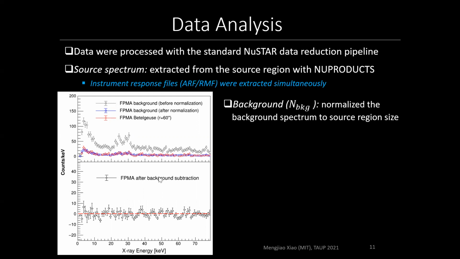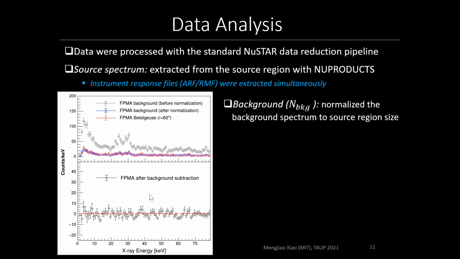The left plot shows the data from FPMA, which is binned by 1 keV for presentation. The red line here is the source spectrum. Gray and blue are the background spectrum before and after region size normalization.